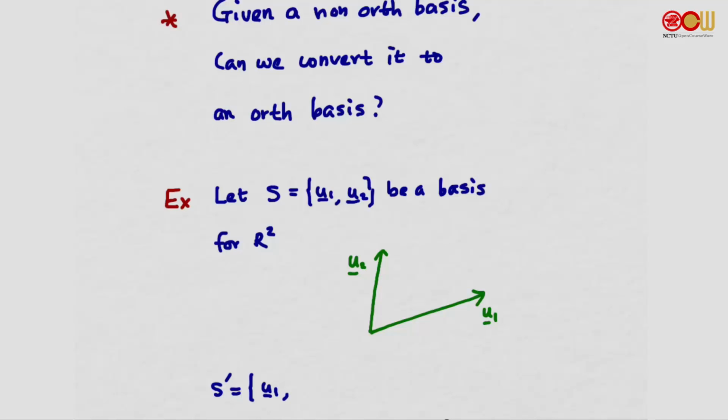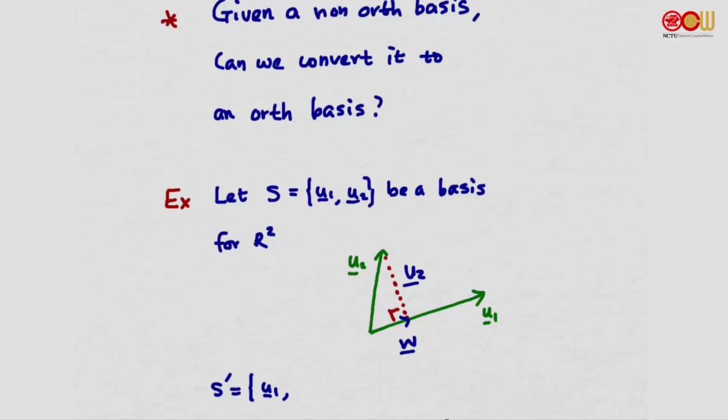For example, we can do the orthogonal projection of U2 on the line of U1. And let's say this vector is W. And this is U2.